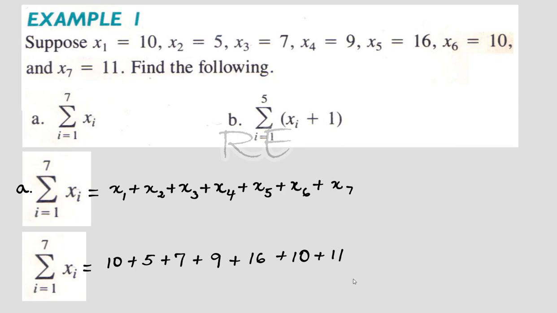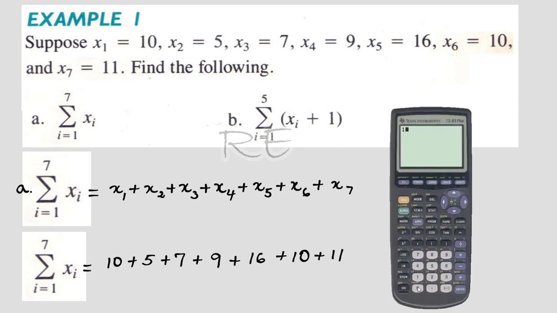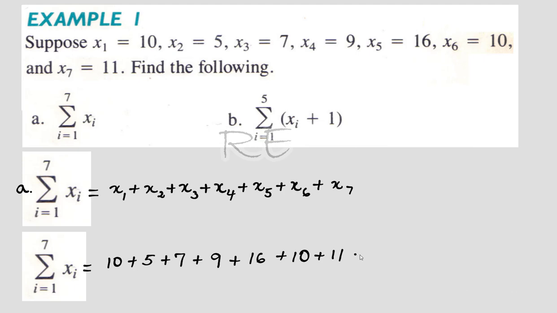Now, this sum can easily be calculated with the TI-83 calculator. We just enter the data and add them, and the answer is 68. So that sum is equal to 68.